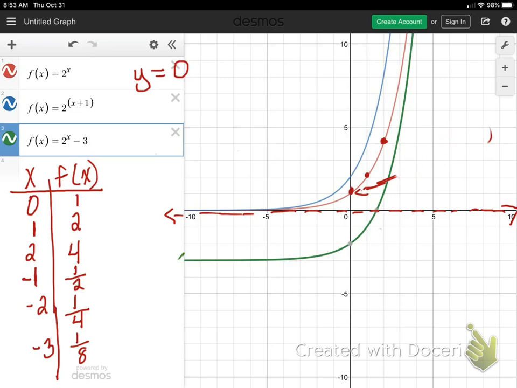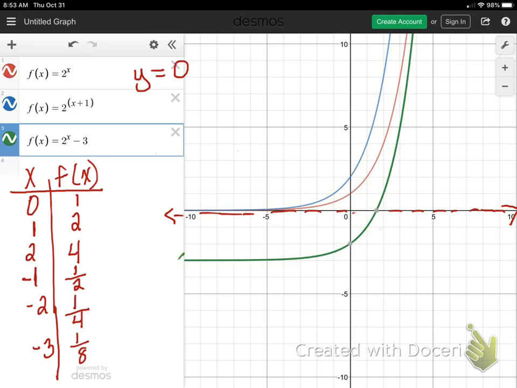So, let's look at our blue one. I have f of x equals 2 to the x plus 1. When I have something inside the parentheses with the x, is it true to value or opposite to value?